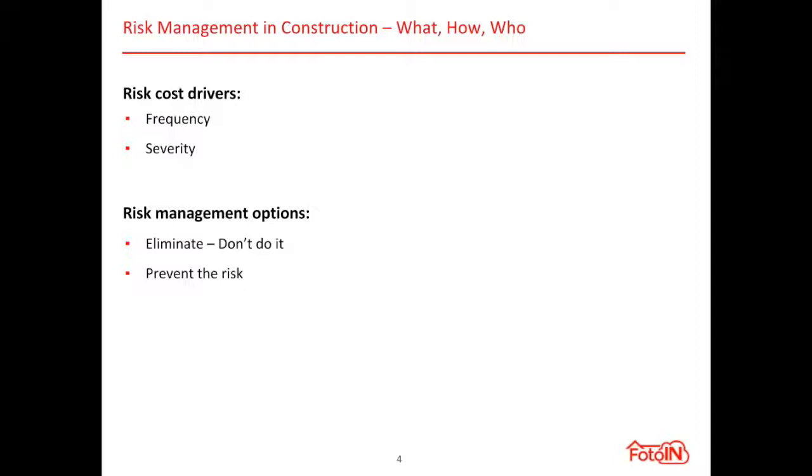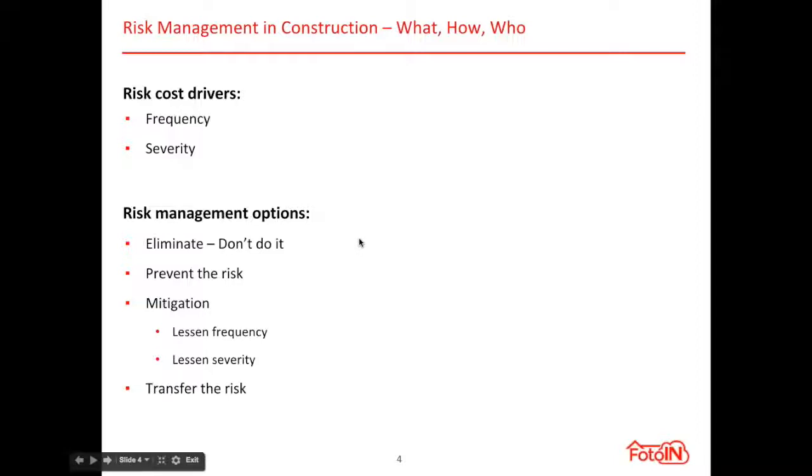You can mitigate the risks by lessening their occurrence or lessening the severity or impact of the risk that comes to bear. Or we can transfer the risk, which is a very relevant piece to discuss, where hopefully Rob is going to have some thoughts to share from an insurance perspective.